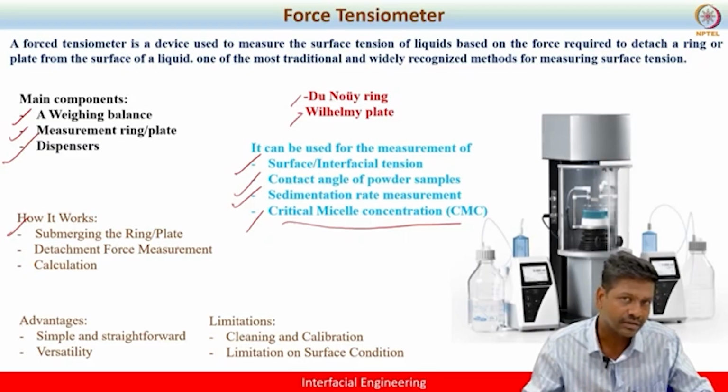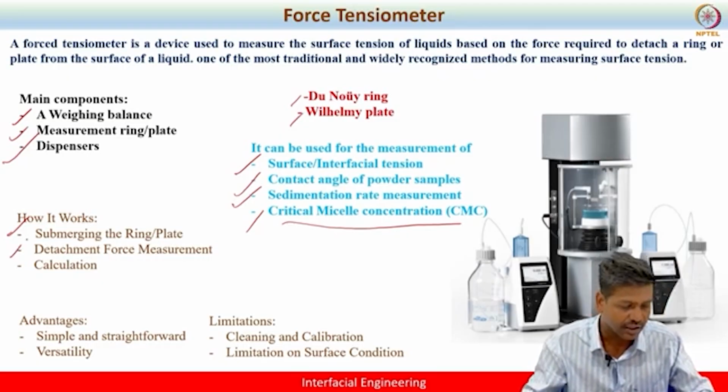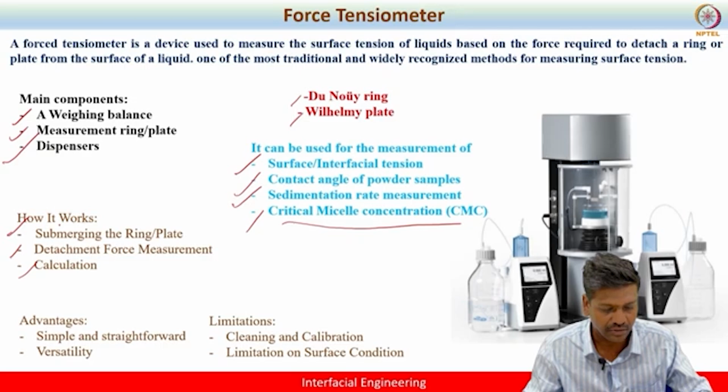The weight of the meniscus will act on the plate or ring, and that can be directly measured using the weighing balance. One can calculate the surface tension by knowing the weight of liquid acting on the plate or the ring, right? So that's how you can calculate the surface tension of a given liquid.